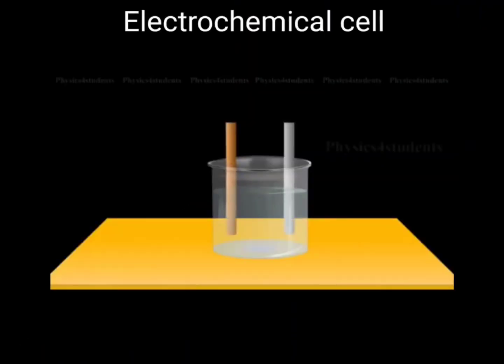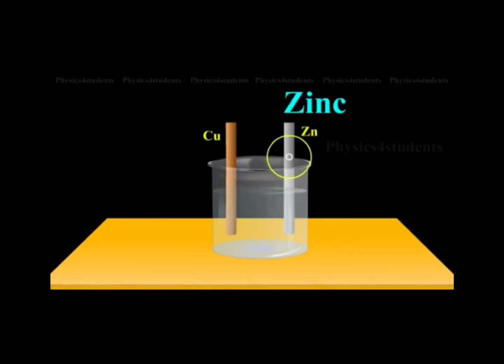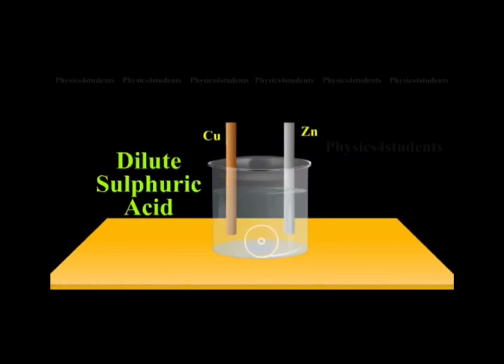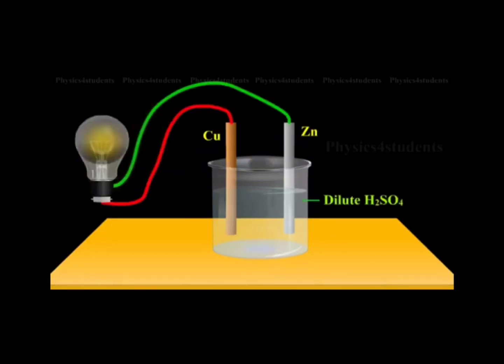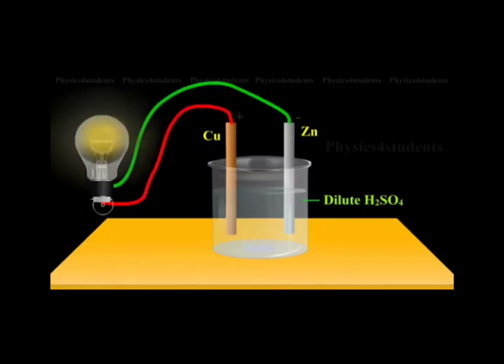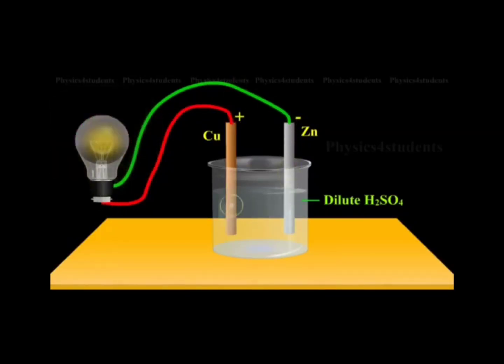Here we have taken copper and zinc electrodes dipped in dilute sulfuric acid. If we connect this setting using wires, and if the wires are connected to a bulb, the bulb glows with the production of electricity. The bulb glows as a result of electricity produced by the chemical reaction happening here.